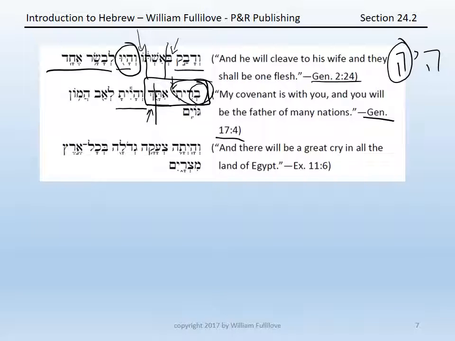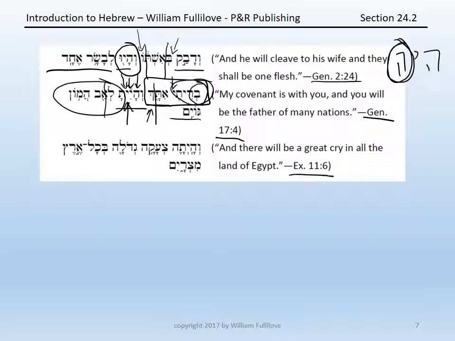Hayita, Qal converted perfect, second masculine singular of haya. As a second person form, notice that you have a hiriq yod mater. So the he is the first root letter, the first yod is the second root letter, and then the second yod is the replacement for the third he of the root. And you will be le'av, for the father of many nations, goyim.